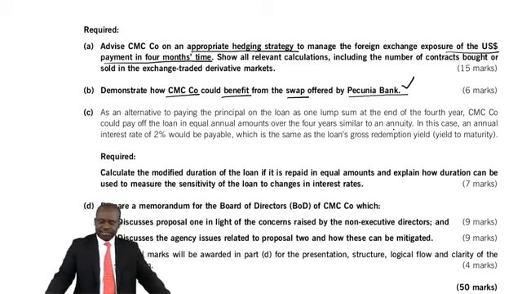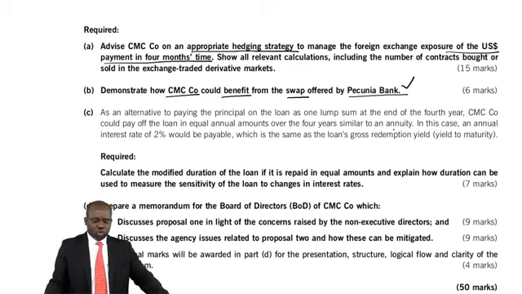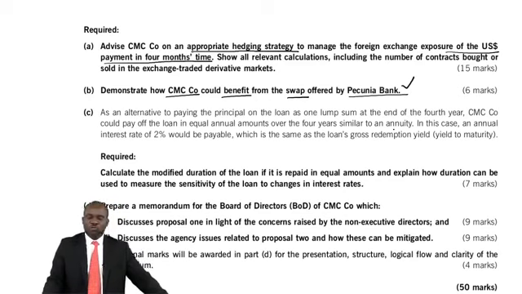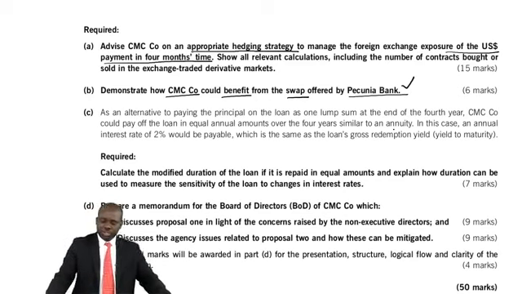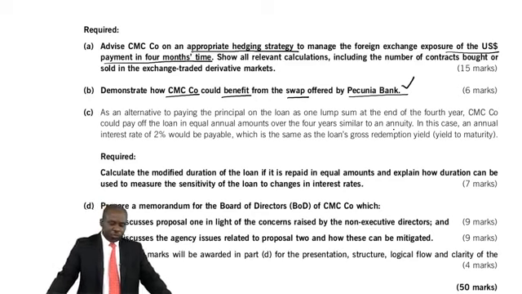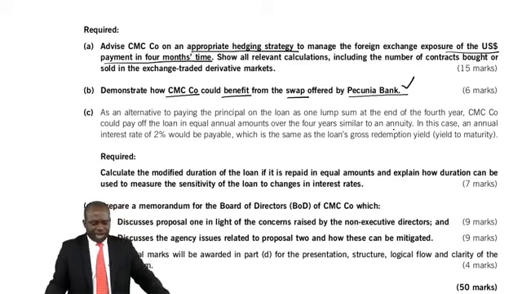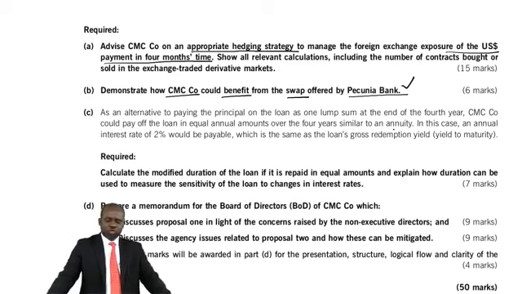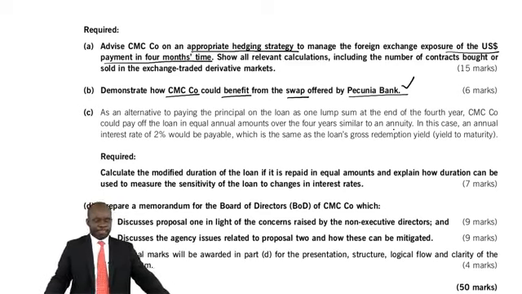In this case, an annual interest rate of 2% would be payable, which is the same as the loan's gross redemption yield, the yield to maturity. Required: calculate the modified duration of the loan if it is repaid in equal amounts, and explain how duration can be used to measure the sensitivity of the loan to changes in interest rate.